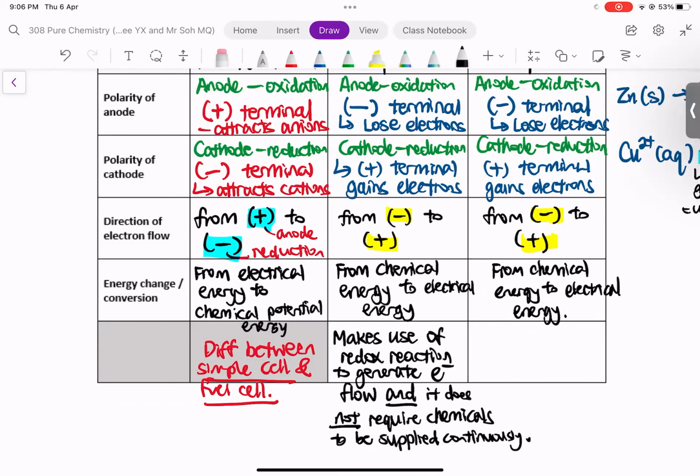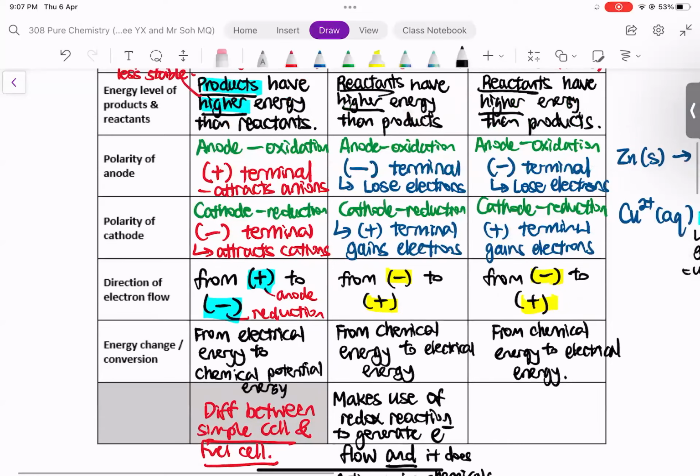A simple cell, a galvanic cell or voltaic cell, these are the same things. Simple, galvanic, voltaic, they are all the same things. The simple cell doesn't need chemicals to be supplied continuously to it. Why? Because the chemicals are already inside it. If you think of a simple cell, and I've put the diagram right at the top, the diagram of a simple cell shows you zinc, copper, dipped into an electrolyte, right?